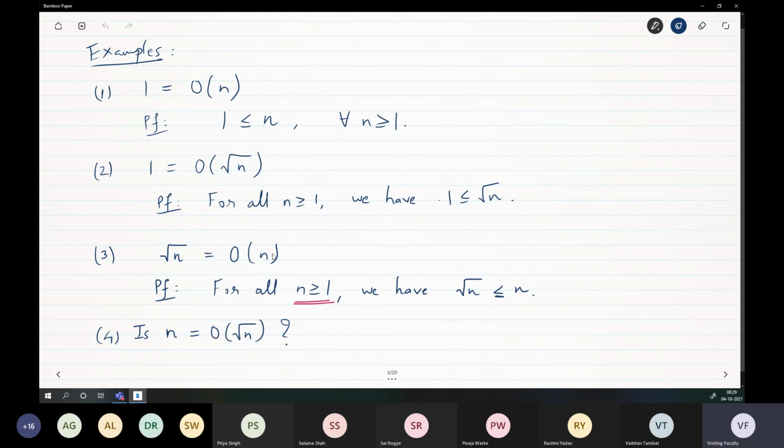N is like square root n squared. So n is going to grow much faster. That's why square root n is big O of n, because the order of growth of square root n is bounded above by the order of growth of n. That is the intuitive idea.